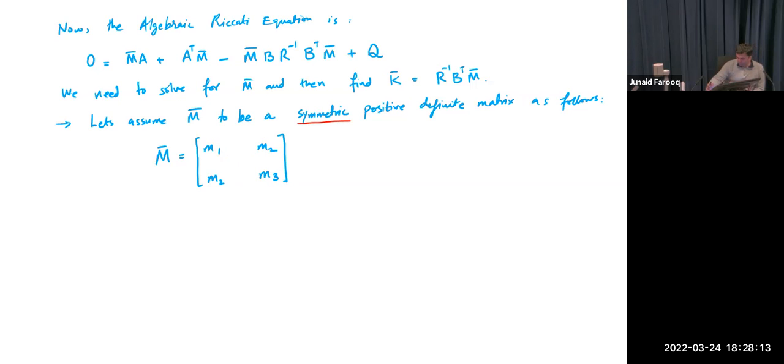Remember, these are the same off-diagonal terms because of symmetry.